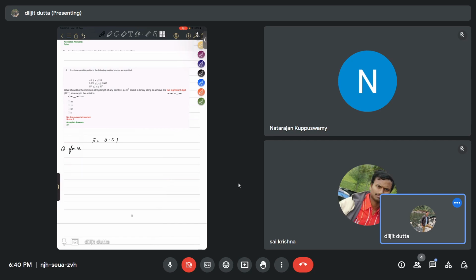For x, 0.01 equals (xu minus xl) by (2 to the power l minus 1). Xu is 10, xl is -5, so it is 15 over 2 to the power l minus 1. So 2 to the power l equals 1 plus 15 by 0.01.